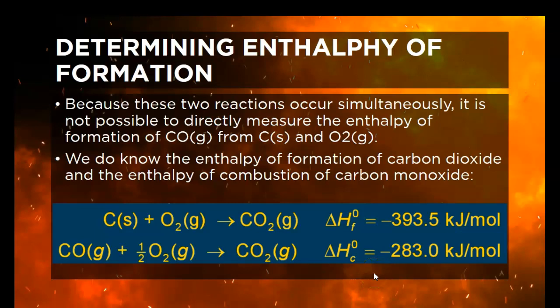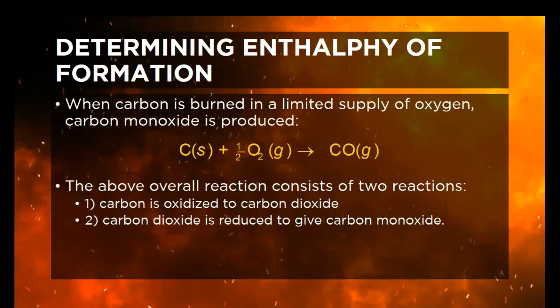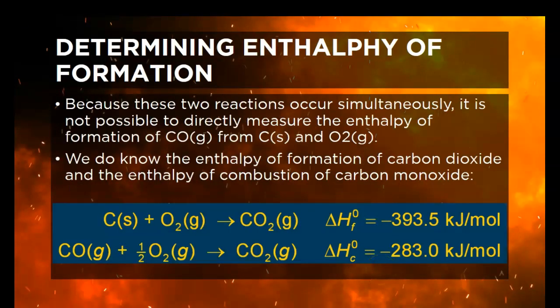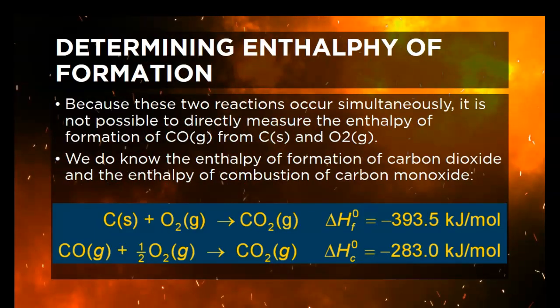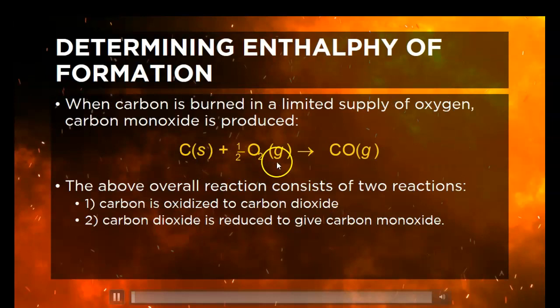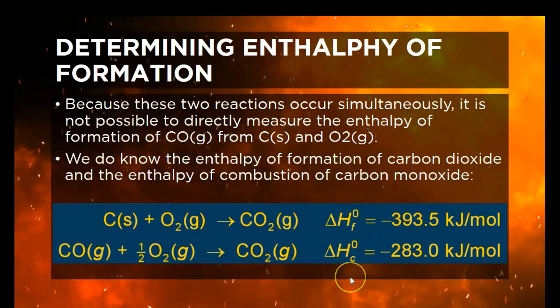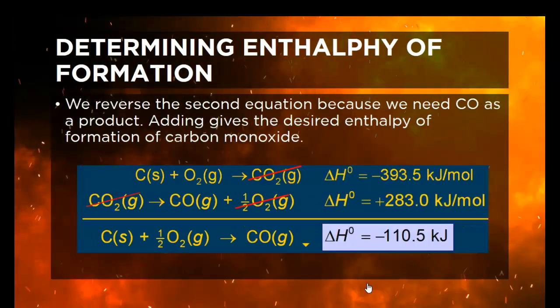What we can do is form that equation using these two equations by manipulating the order of them. We want everything on the left of this equation to match everything on the left of the two equations we know values for. We want everything on the right to match these two equations as well. So we can reverse one equation.